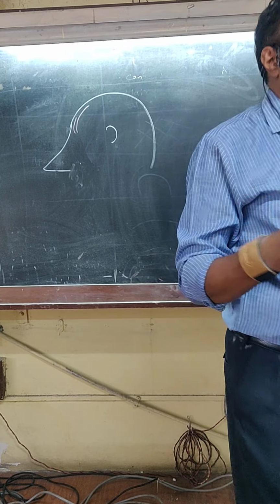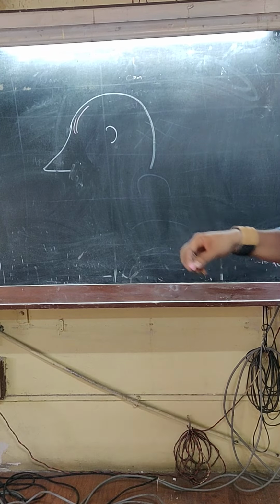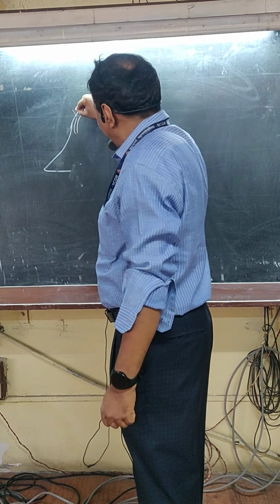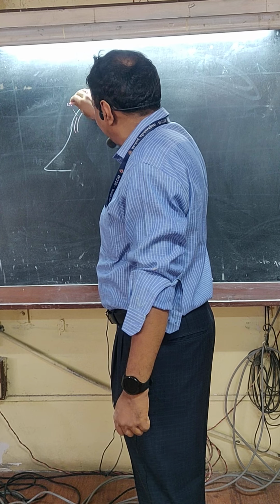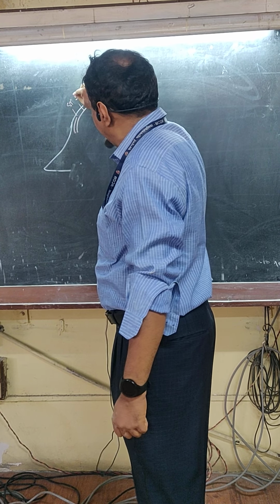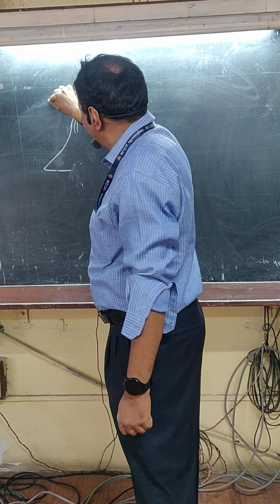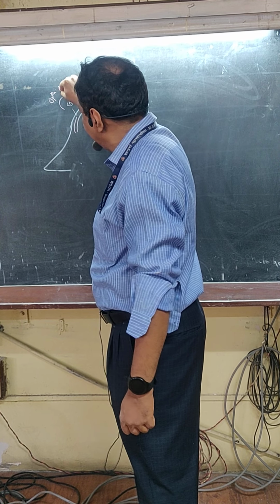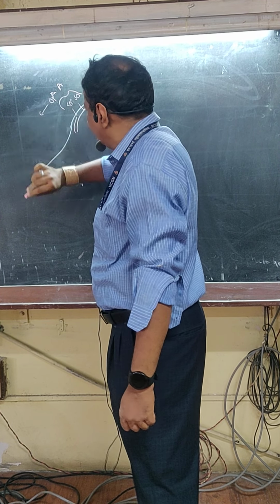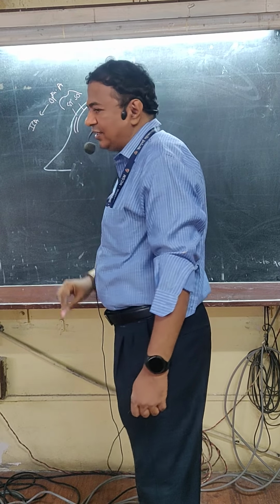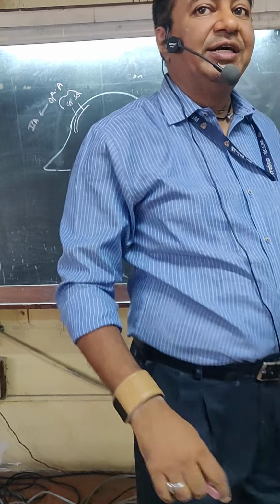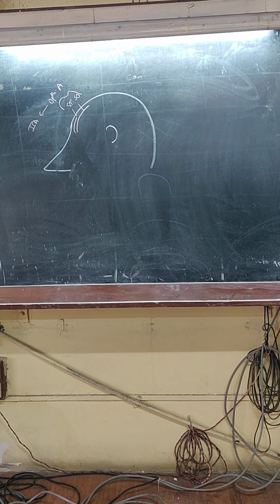The names are supraorbital, supratrochlear, branches of the ophthalmic artery, which is a branch of the internal carotid artery.